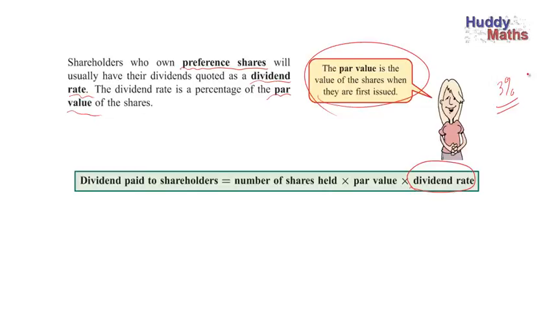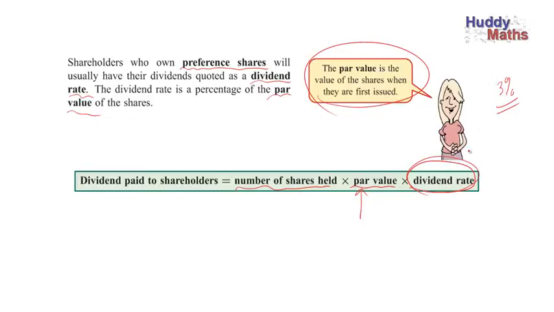So that means you get your number of shares times the value you paid for them, or the par value at the beginning, and then you multiply it by a percentage. Can you see the advantage here? You are guaranteed a rate of what you paid, a percentage of what you paid.